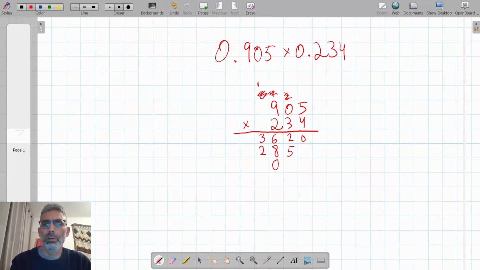Let's see. 4 times 5 is 20. 4 times 0 is 0 plus 2 is 2. 4 times 9 is 36. Okay, so the 4 is okay. 3 times 5 is 15.